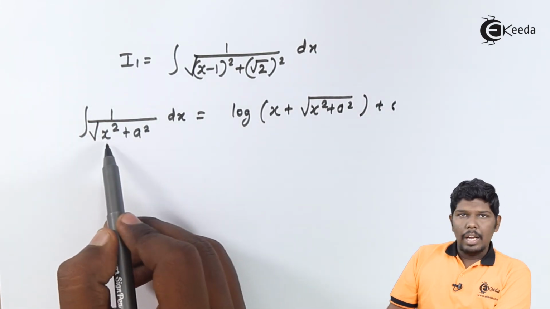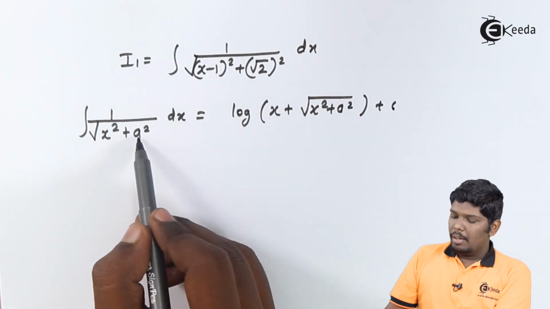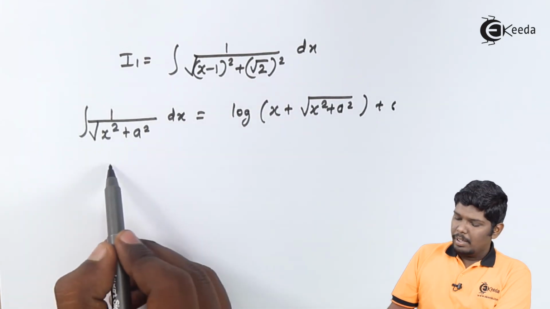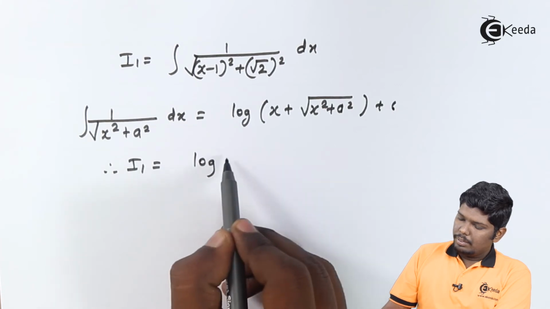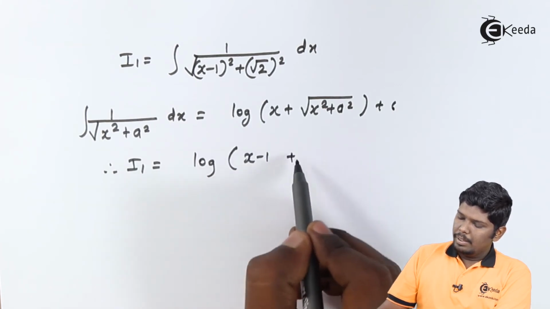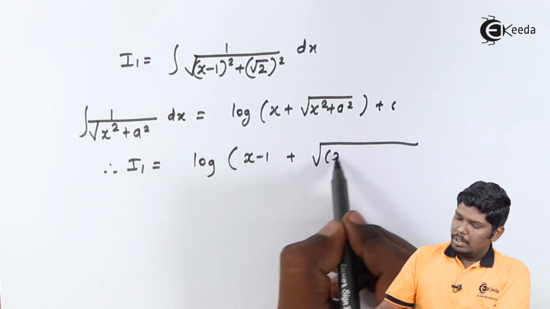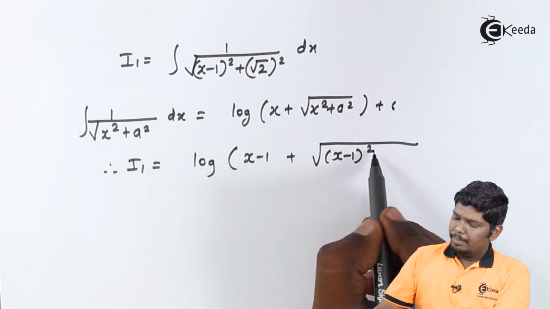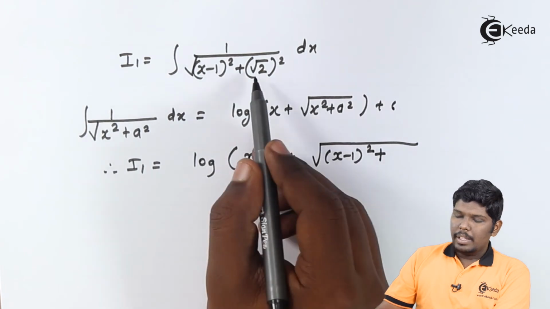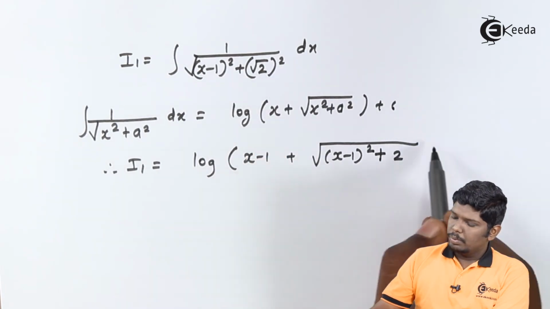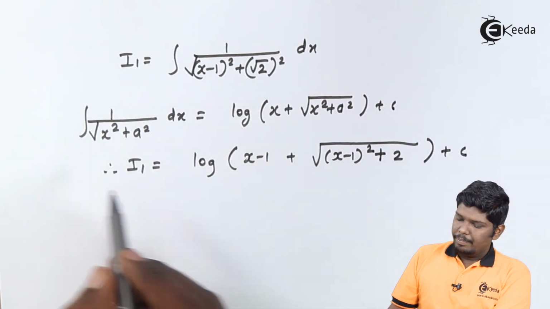Here, as you can see, the value of x is x minus 1 and the value of a is under root 2. Therefore, I1 becomes log of x minus 1 plus under root x minus 1 square plus a square, that is root 2 square, which is 2, plus c.